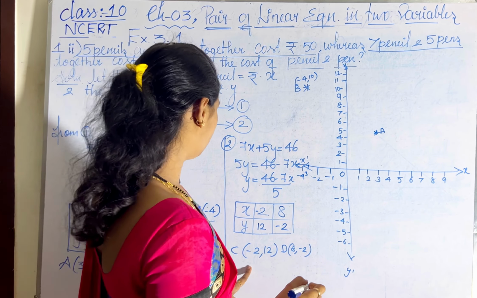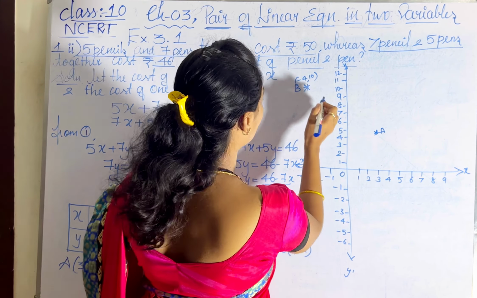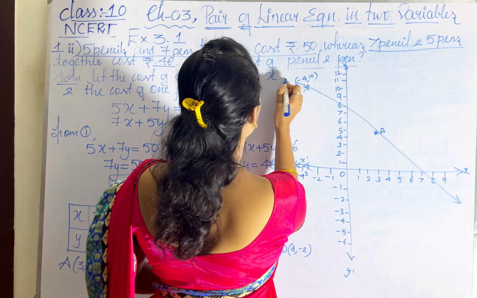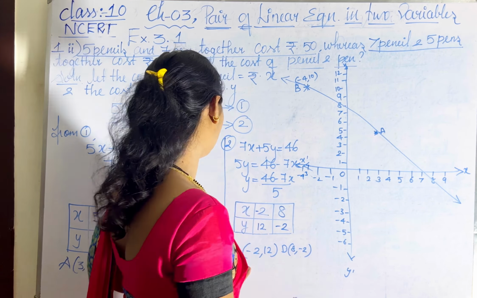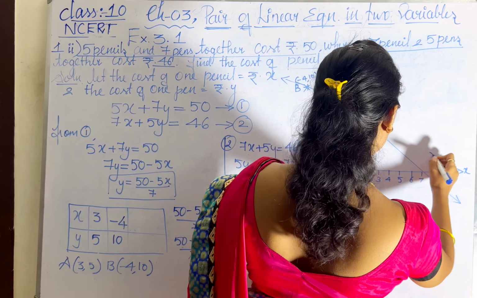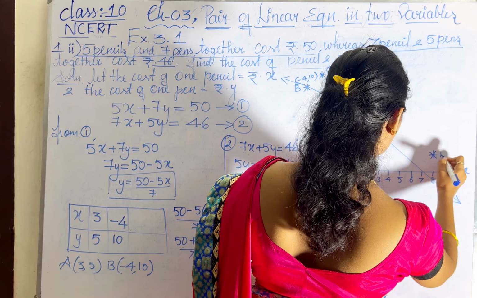Then let me join this. AB will be your first line. Then C, minus 2, 12. Then D 8, minus 2. So join C and D.